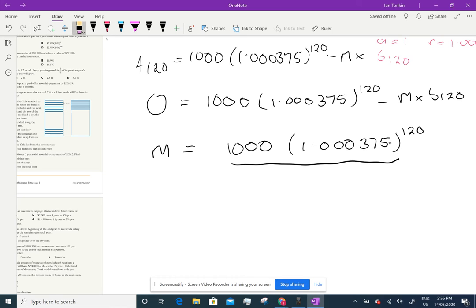So my S of 120 will be, even though I don't need to worry about the 1, I'm going to put in 1.000375 to the 120 minus 1, all over 1.000375 minus 1.